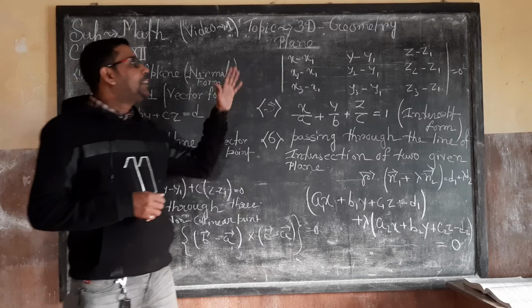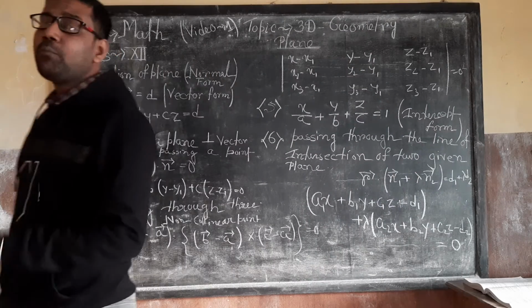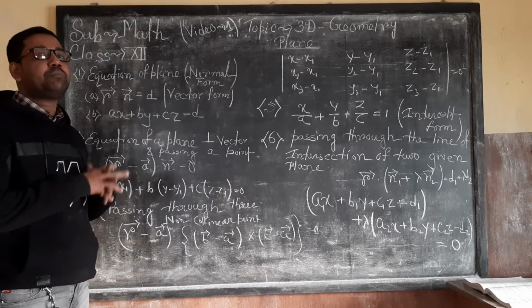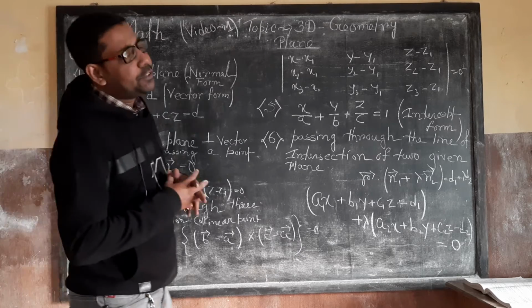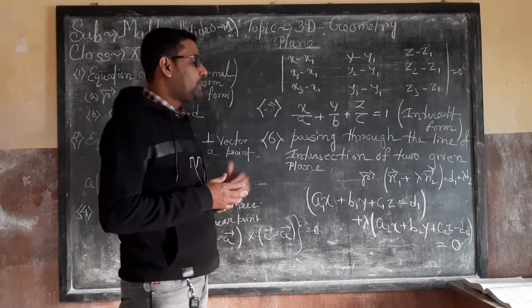This is the Cartesian form of the equation when the 3 points are given, and the condition is that the plane is passing through the 3 non-collinear points. So this is the Cartesian form.